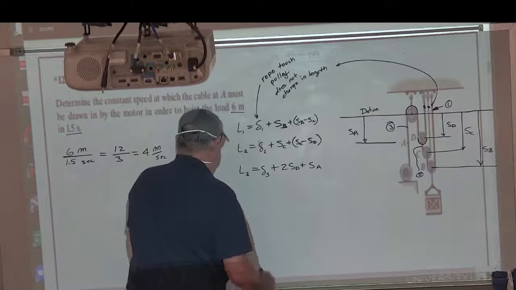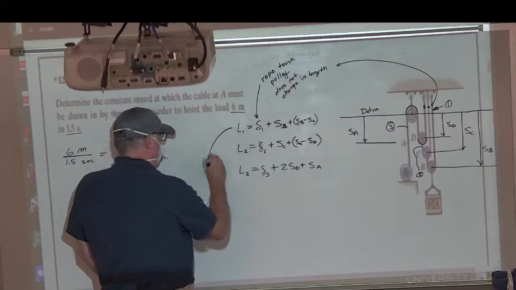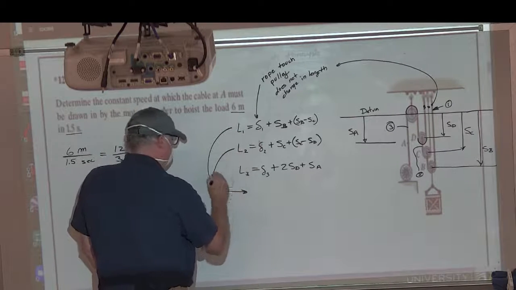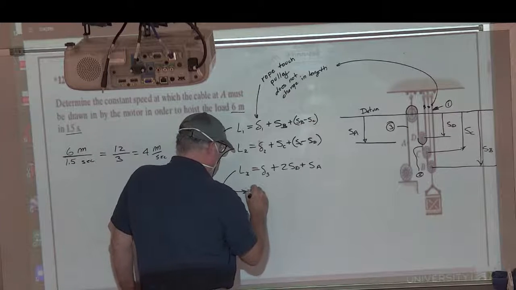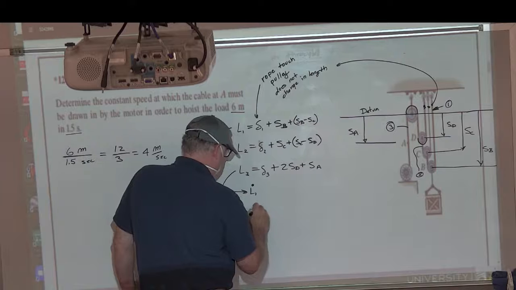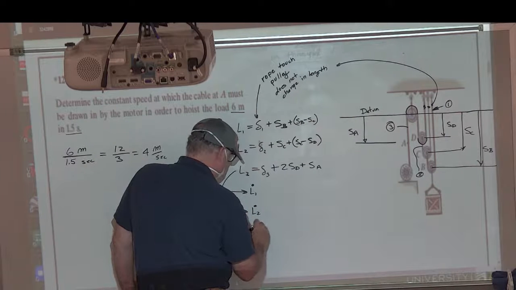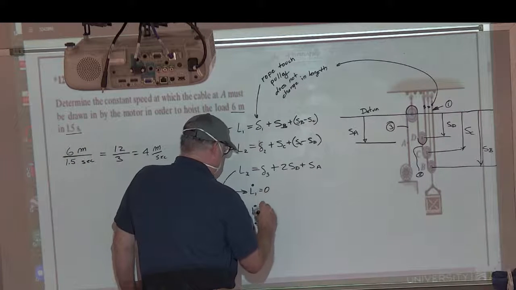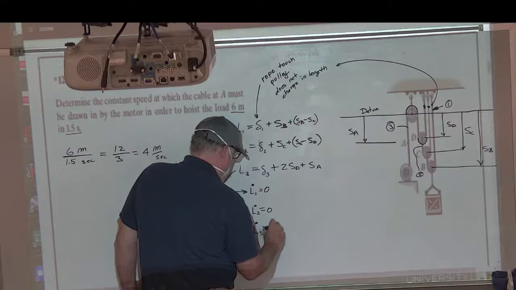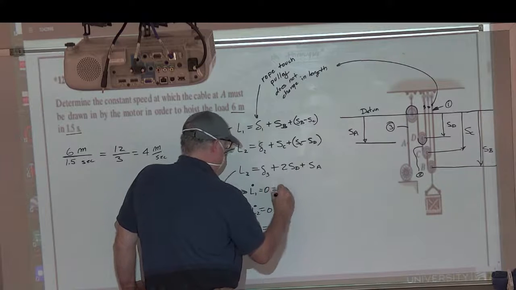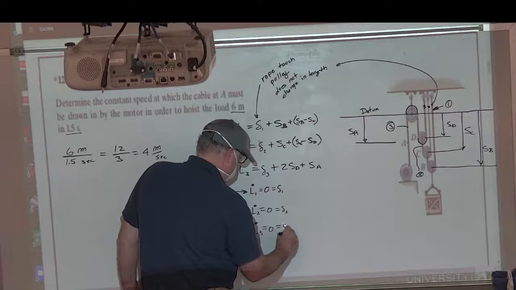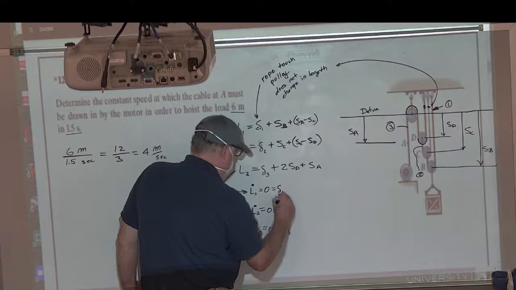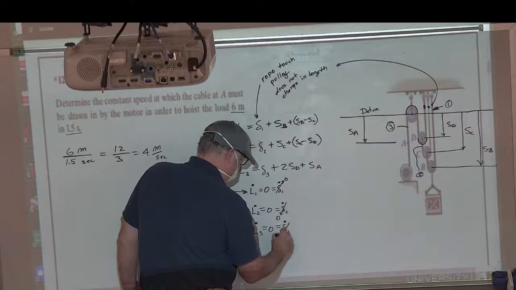Now, what I'll do is go through this, say L1 dot, L2 dot, L3 dot. The rope itself does not change in length. The deltas do not change in length. So they are 0, 0, and 0.